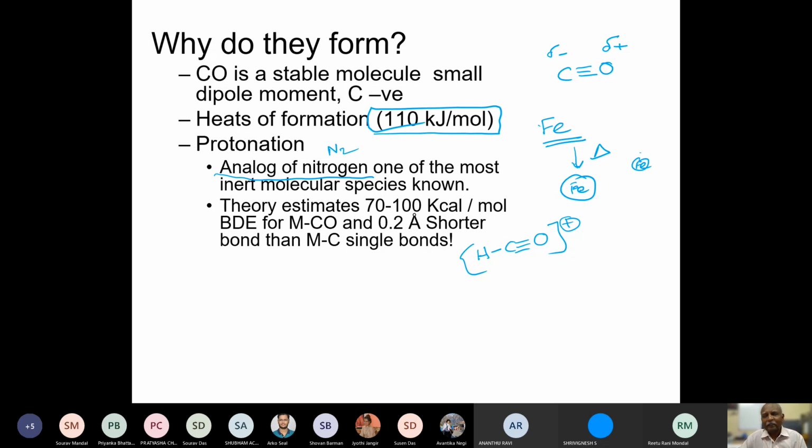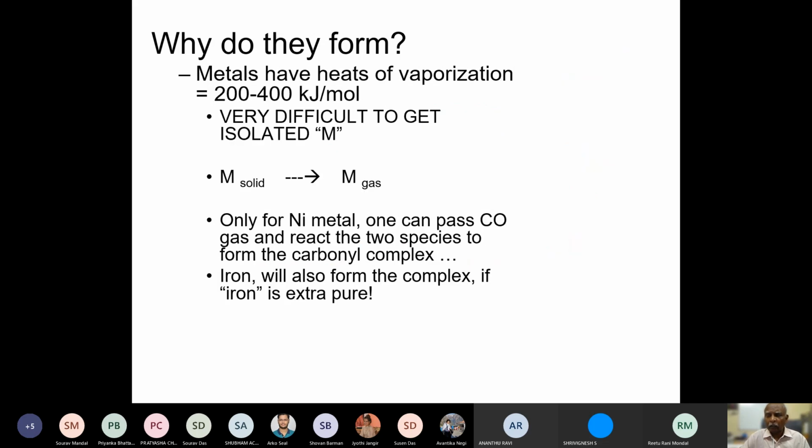So why is it that metal forms such carbon monoxide complexes easily and it forms such strong bonds? These are fairly strong bond energies that we see. As I told you, the metal is also having a very high heat of vaporization. So M solid to M gas requires a very large amount of energy.